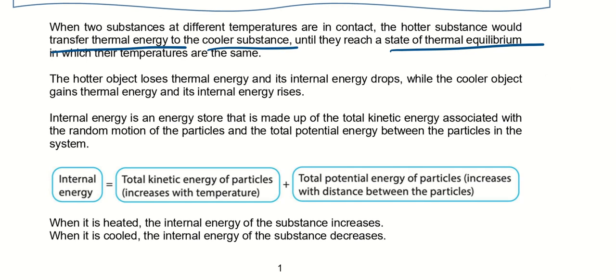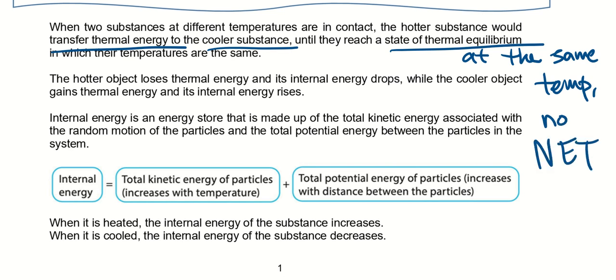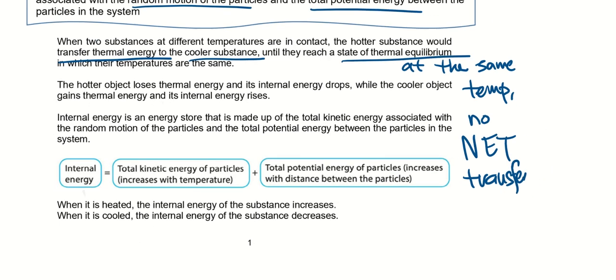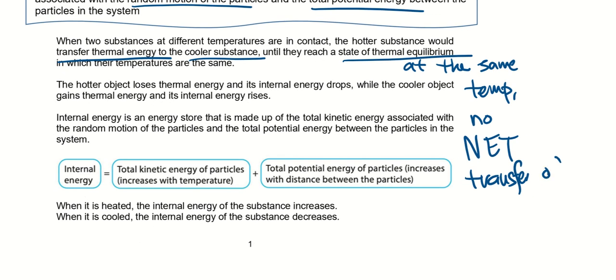When they are at the same temperature. We did this in a previous chapter: same temperature and no net transfer, no more net transfer of thermal energy. And I emphasize the word net. Okay?